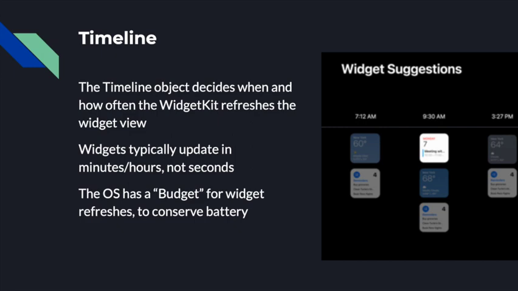Widgets typically you want to update in a matter of minutes and hours and not seconds. That's because having the widget on the foreground and having frequent updates in seconds could drain the battery very fast. That's why newer versions of iOS have a budget set for widget updates. So there's restrictions to how many updates you can make in a certain time to preserve the battery.